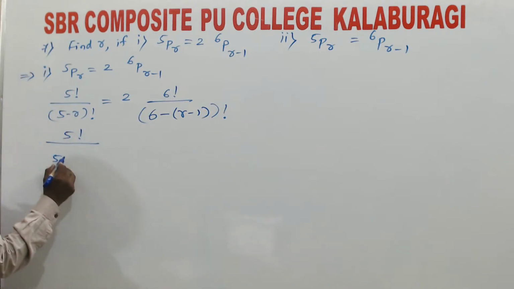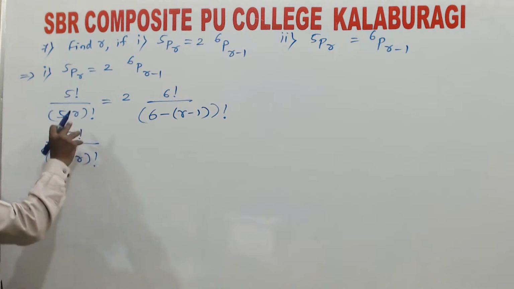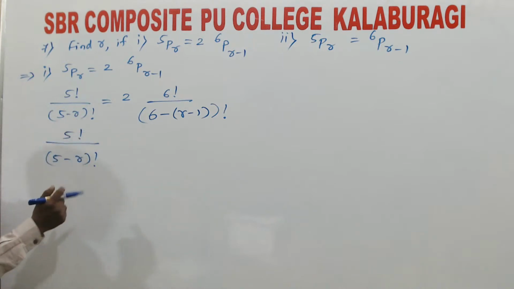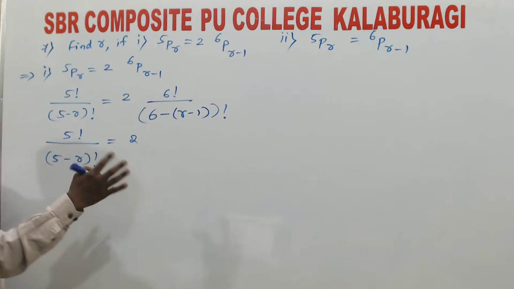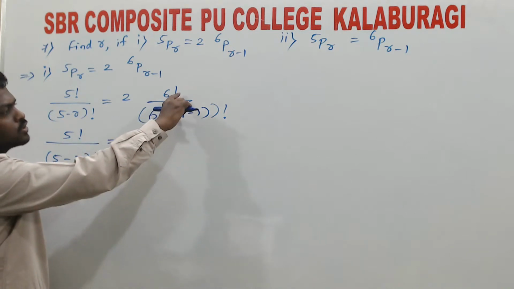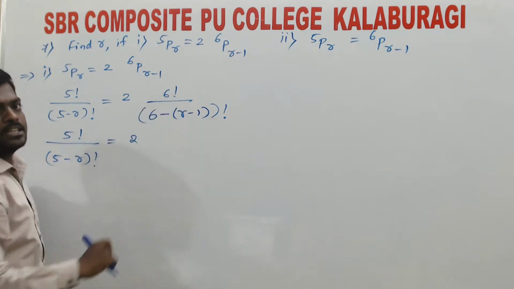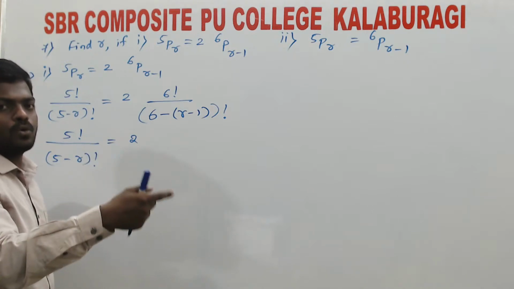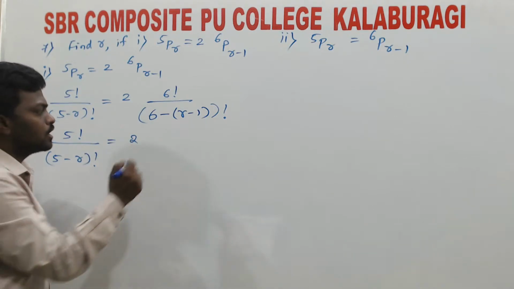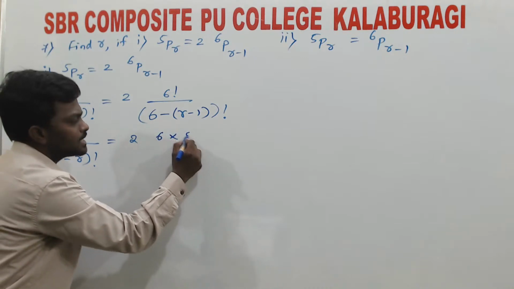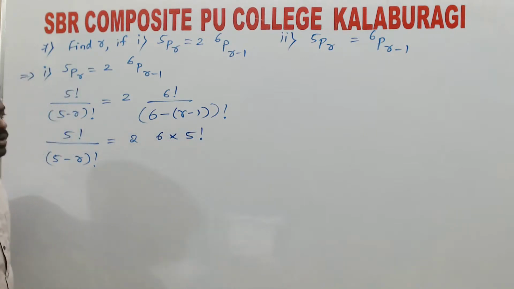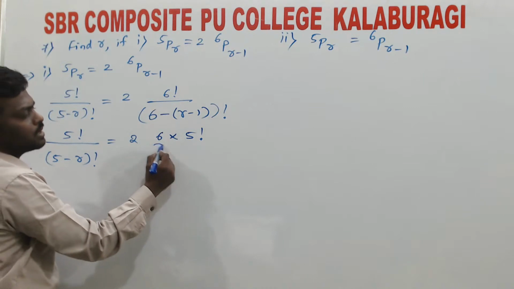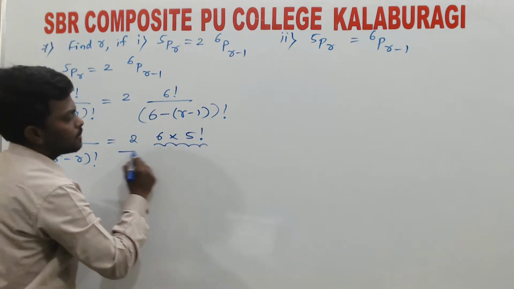5 factorial by, and keep observing each and every term, students, so that we can reduce our simplification. Now can I write 6 factorial as 6 into 5 into 4 into 3 into 2 into 1? So this is 6 into 5 factorial, right?